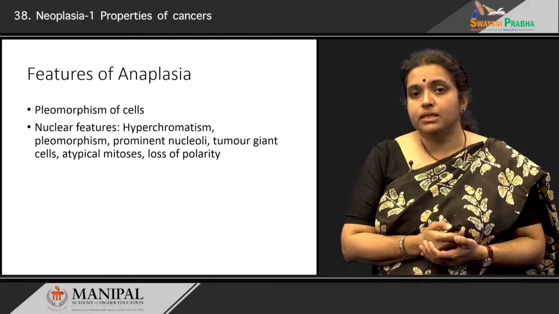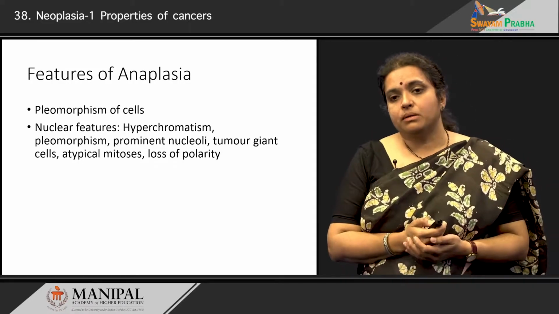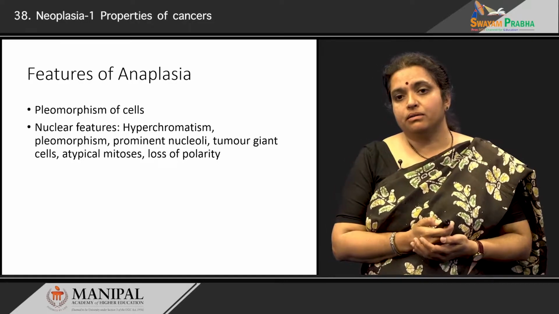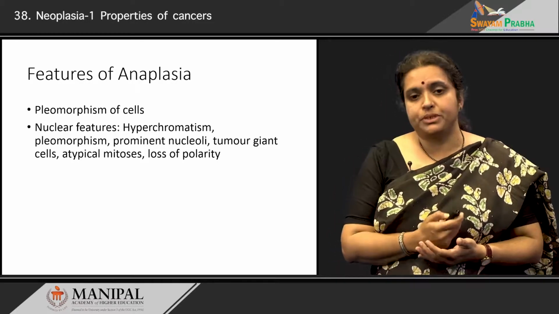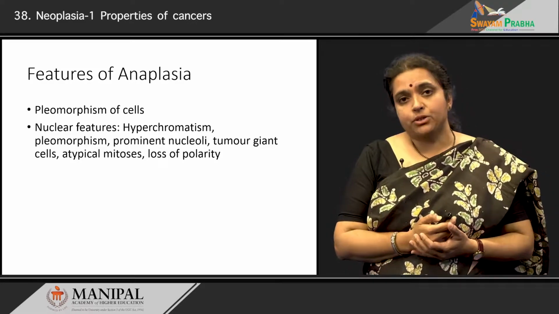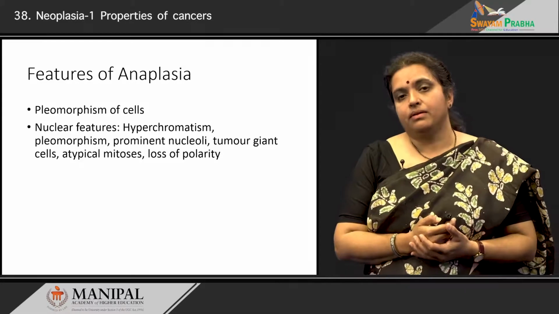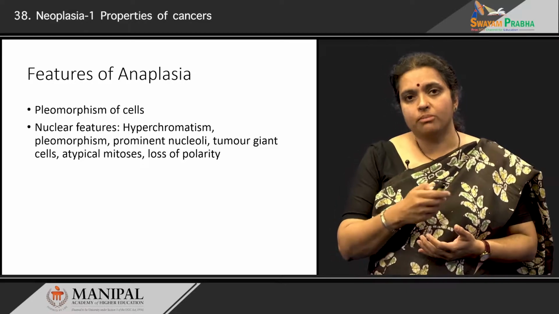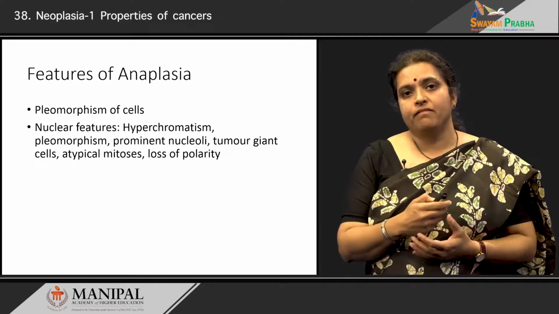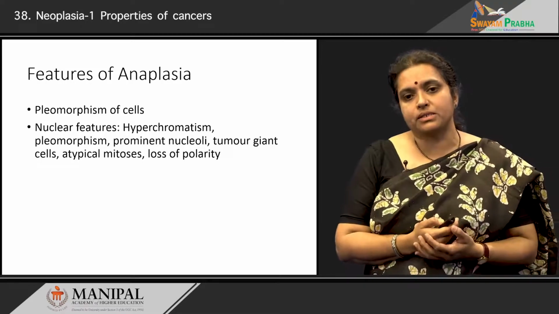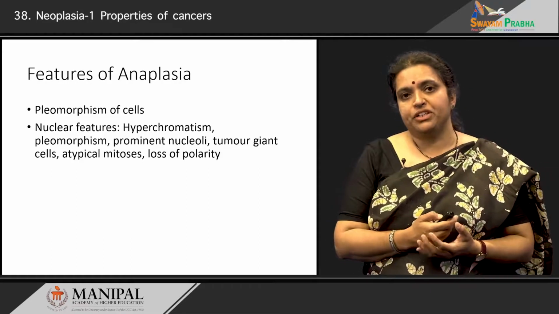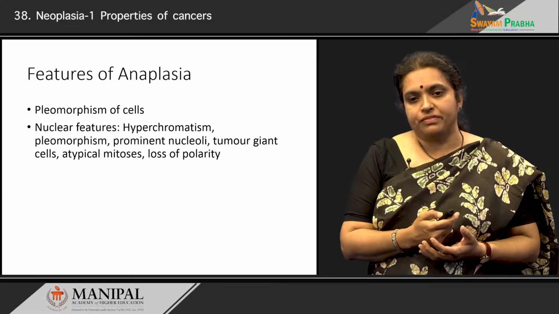It may show prominent nucleoli. Some of the cells may join together to form tumor giant cells. I will show you a picture. It may show mitosis which are atypical, which means it is not the normal mitotic spindle that we see. We may see a tripolar mitosis, we may see a flower-like mitosis, and different kinds of mitotic figures.